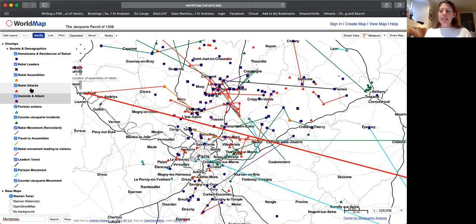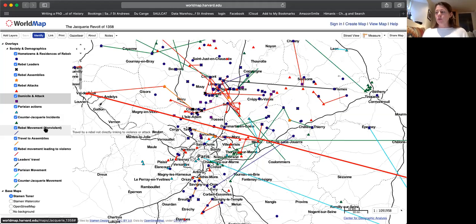And so what this means, among other things, is that the Jacquerie involved a lot of travel. And you can see some of the documented travel in these blue and red lines here, in those layers of movement. And to bring people and villages together like this to attack particular places requires a level of organization.